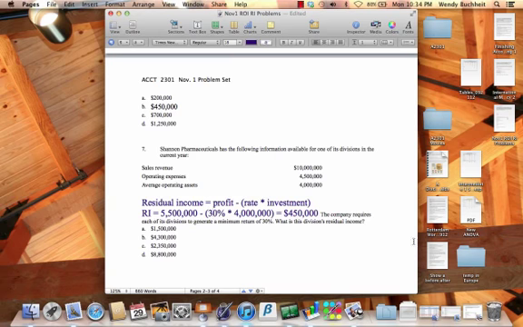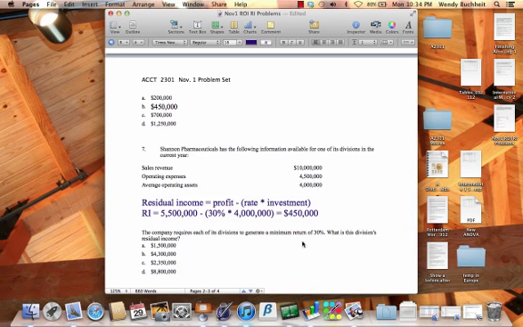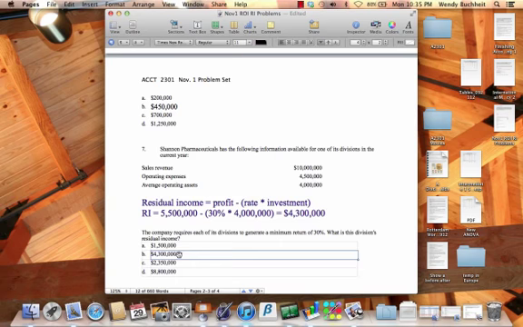In this case, the company wants a 30% minimum return, and they're giving you $4 million worth of operating assets to work with. When you subtract that 1.2 million from the 5.5, you get 4.3 million, which is answer B in this case. Alright, let's take a pause and see how we're doing on time.